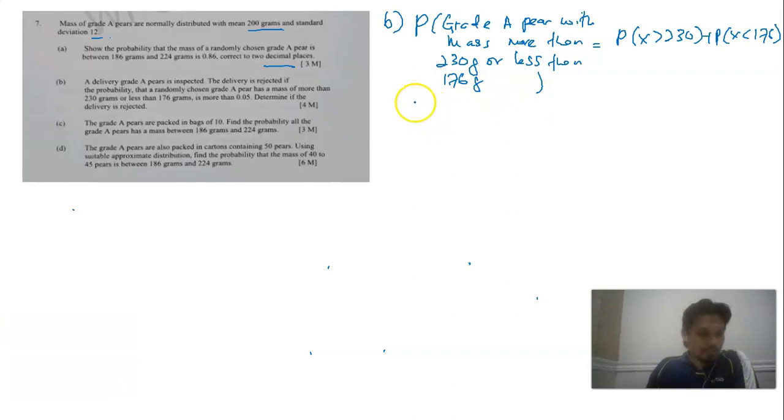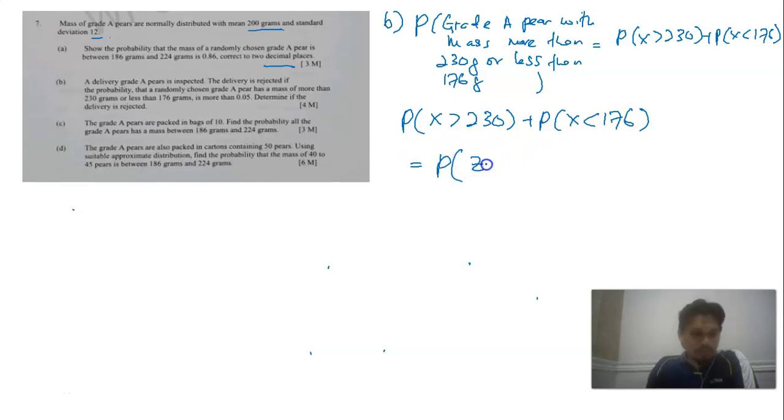Okay, so for this one, the probability of X greater than 230 grams plus the probability of X less than 176 grams is equal to the probability of Z greater than (230 minus 200) divided by 12, the standard deviation, plus the probability of Z less than (176 minus 200) divided by 12.